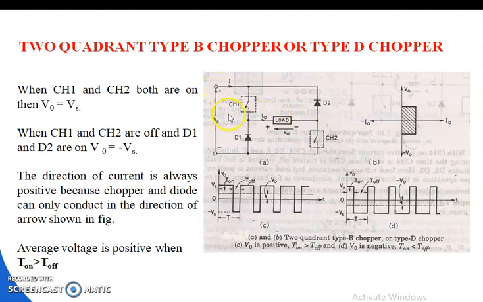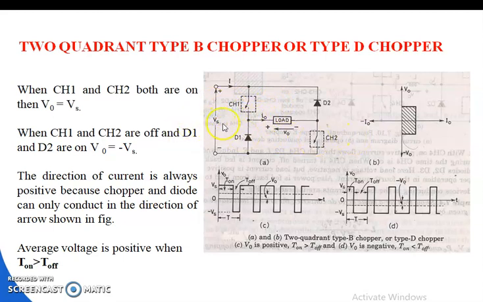By following a path, let us assume that initially the two choppers are in on condition, that is chopper CH1 on and chopper CH2 on. So the current now starts flowing by following a path from the source to the load, that is Vs, CH1, load, CH2, again Vs. So this one is the path of the current during the CH1 and CH2 on condition.